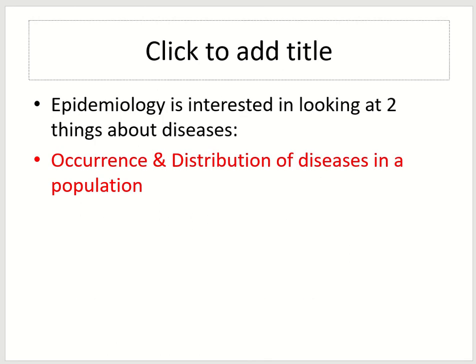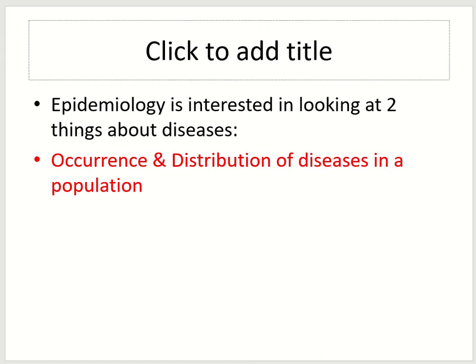And epidemiology in general is interested in looking at two things related to disease, which are the occurrence and the distribution of the diseases in a population. When we say occurrence, it is occurrence in space and in time, and the distribution is more related to the concepts of risk factors, predictors of these occurrences.